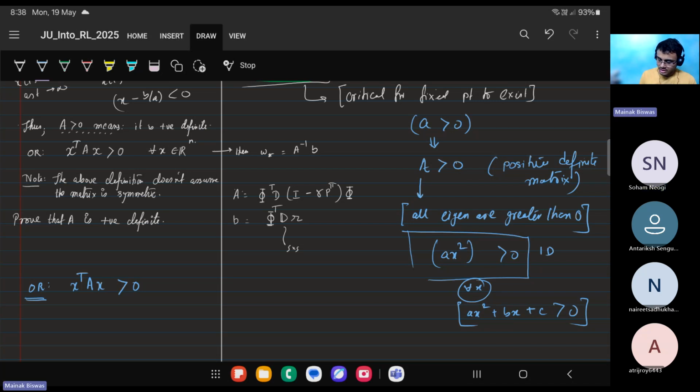It's always this x transpose A x, whatever energy that you are saying, it's actually extracting how much energy the matrix has, or the amount of eigenvalues that it has. So it's like the leading eigenvalues and so on. So this quadratic must be greater than 0.